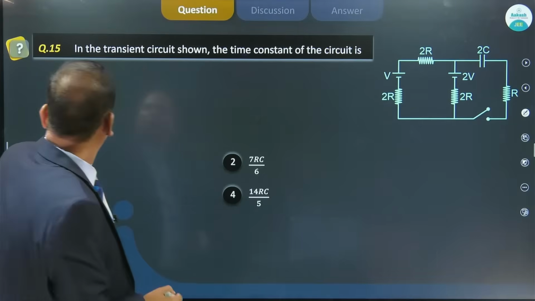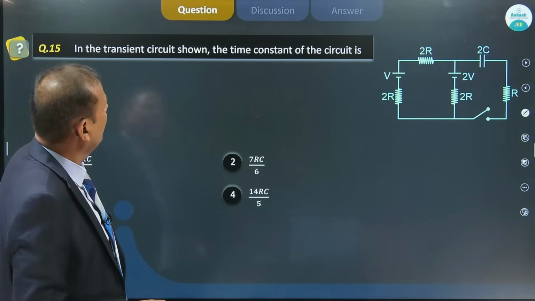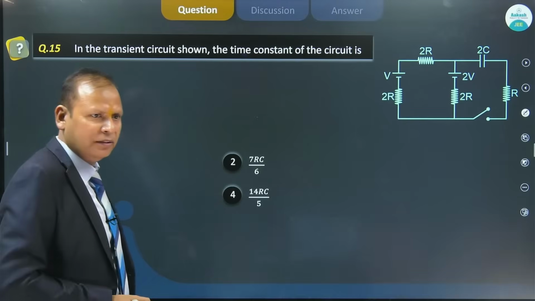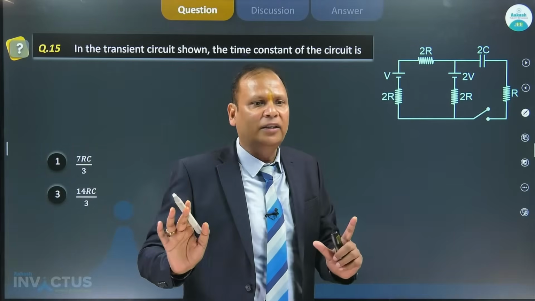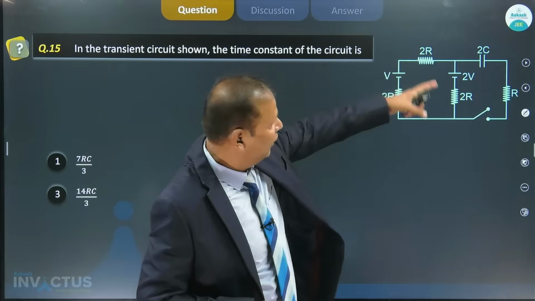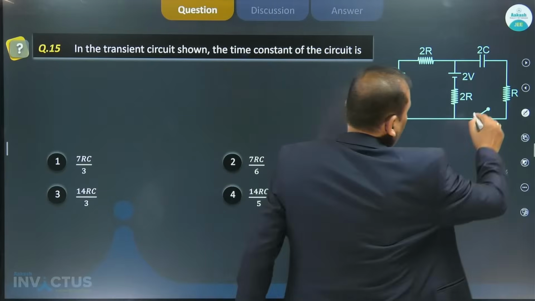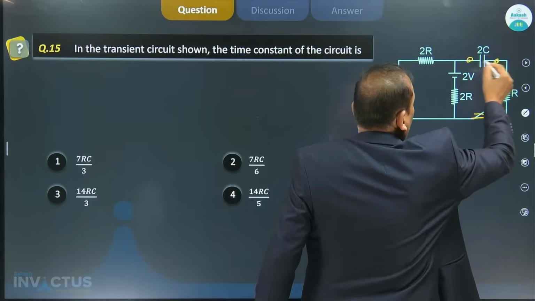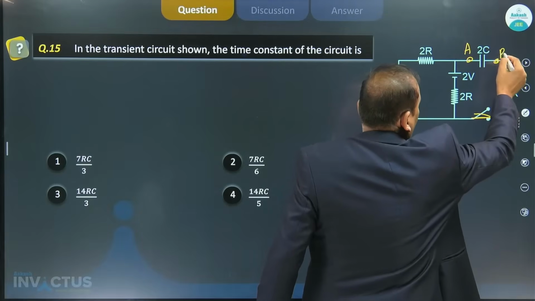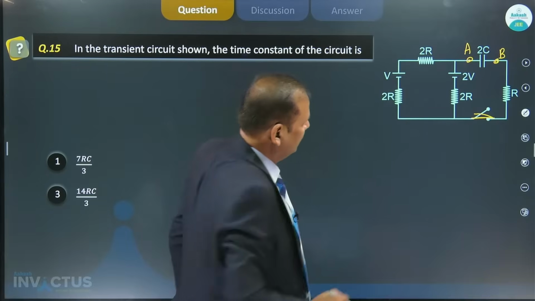In the transient circuit shown in the figure, find the time constant of the circuit. Finding the time constant is also easy, though if you apply Kirchhoff's law, it will be very difficult. So what we will do? Just consider this. This is point A and this is point B. Take out the capacitor.